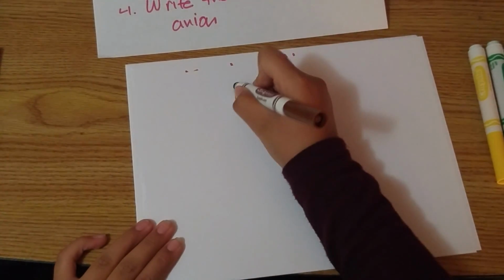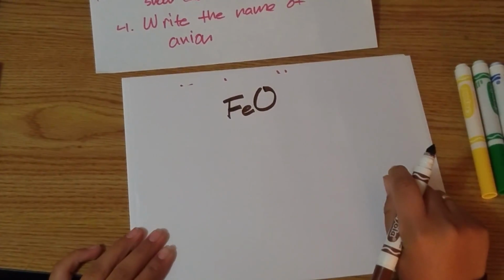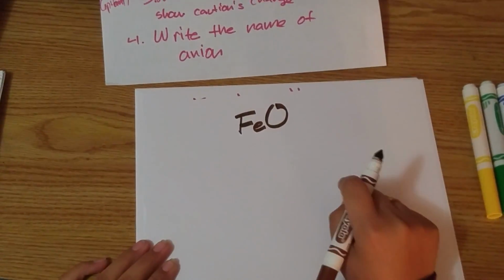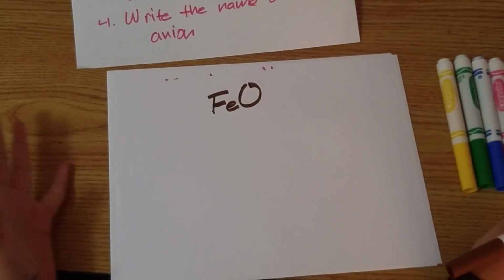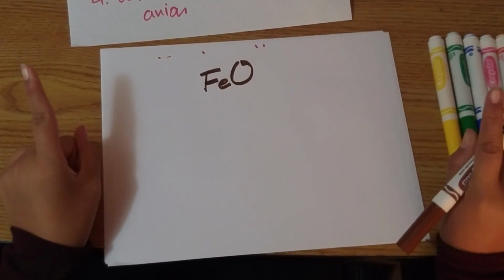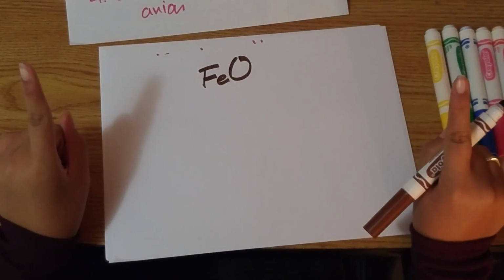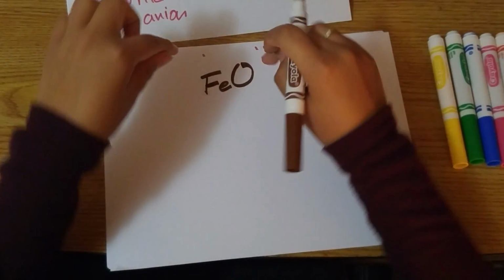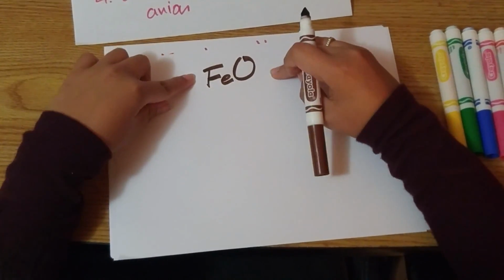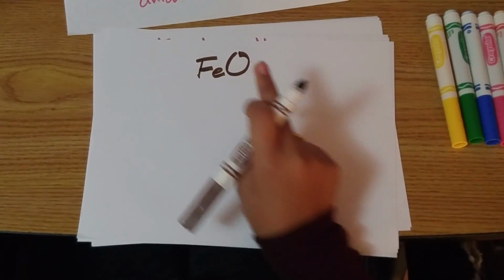Now, we're going to have an example here. Let's say we had FeO. You're probably confused. Like, what? There's no numbers. How am I supposed to figure out the charge? But remember, if they have the opposite charge, then that means they cancel each other out and you don't have to write it down. So meaning these two have the opposite charge.